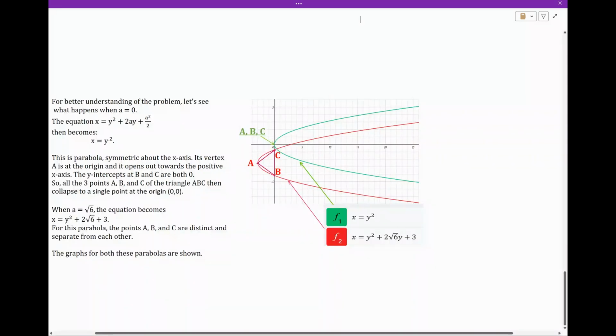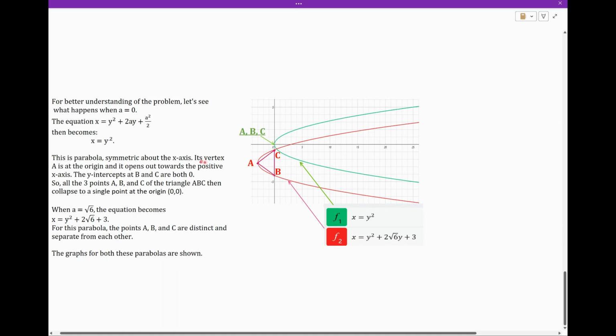For better understanding of the problem, let us see what happens when a is equal to 0. The given equation is x is equal to y square plus 2ay plus a square by 2. When a is equal to 0, the equation becomes x is equal to y square. We know that this is a parabola symmetric about the x-axis.